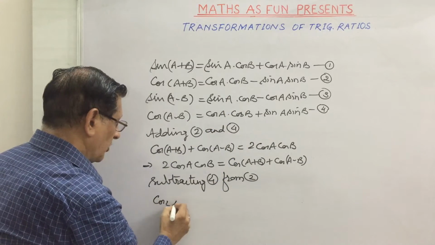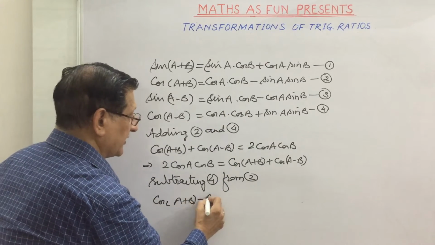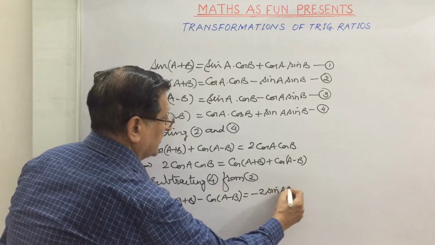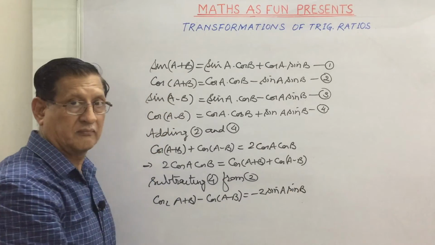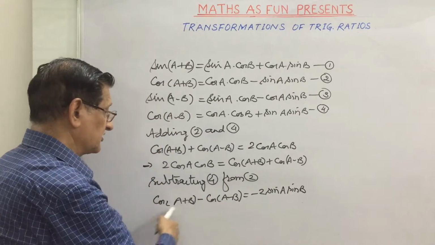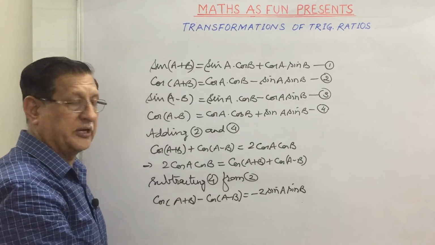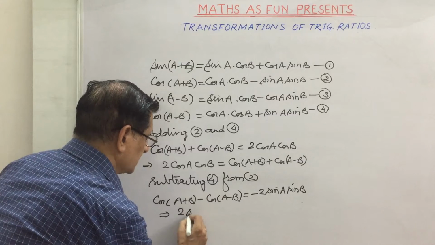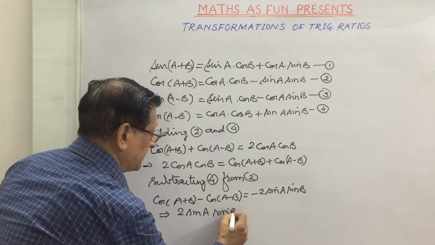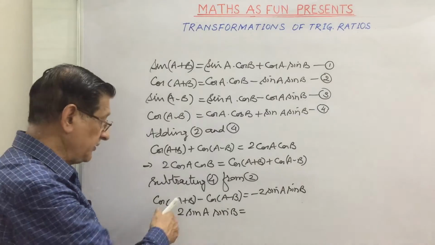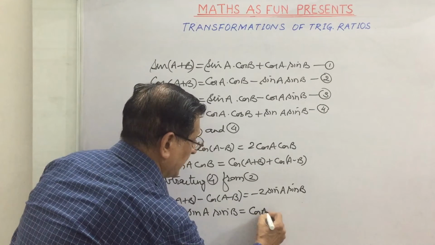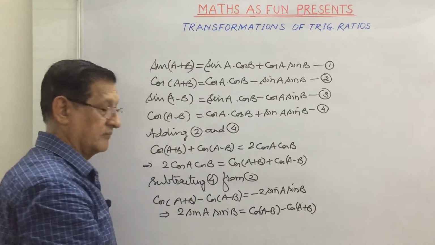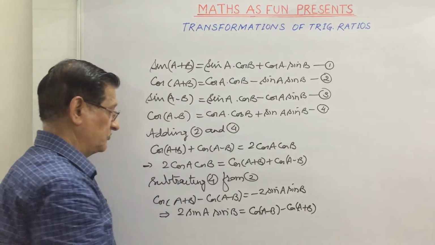So we will have cos of A plus B minus cos of A minus B will be coming as minus 2 sine A into sine B. And if we multiply both the sides by negative sign or minus 1, we can say, then we can convert 2 sine A into sine B. The product form can be transformed into cos of A minus B minus cos of A plus B as the sum and difference form.